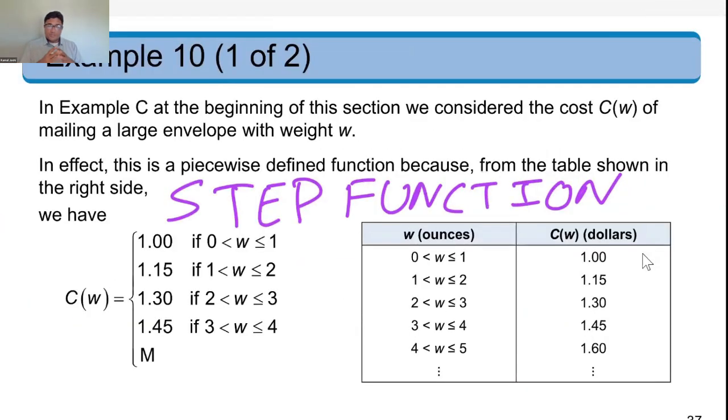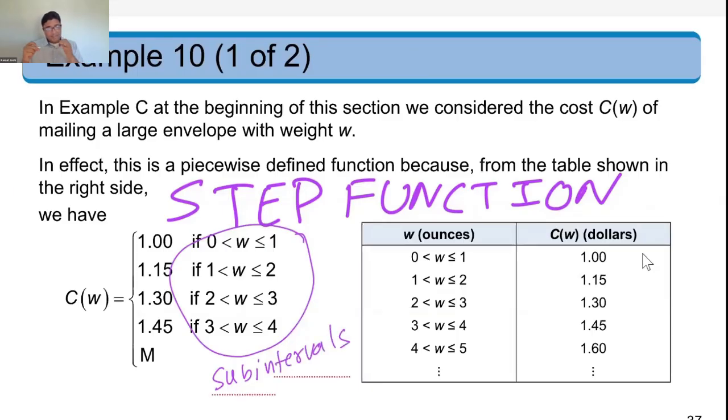Another example of piecewise functions is the step functions. Okay. What is a step function? This has many practical applications. Okay. First, I will define what it is and I'll talk about an example. In a step function, your domain is divided into subintervals.